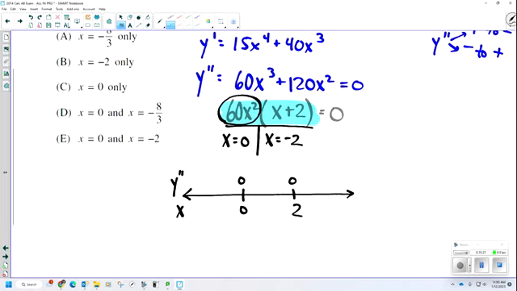How come? Because I'm squaring something. I'm taking a positive number, 60, and multiplying it times something squared, which will always be positive. So my 60x squared will always be positive. And I'm going to multiply it times x plus 2. So I just got to figure out what this sign is, and if I multiply a positive times this, what will the result be? That will be the result of my second derivative.